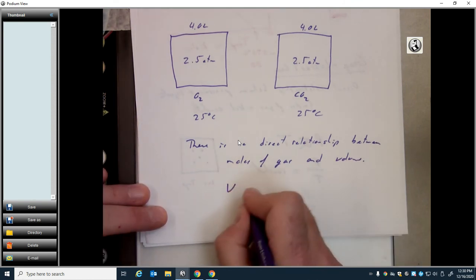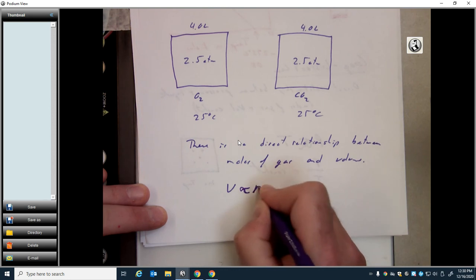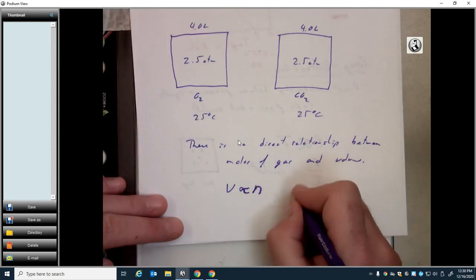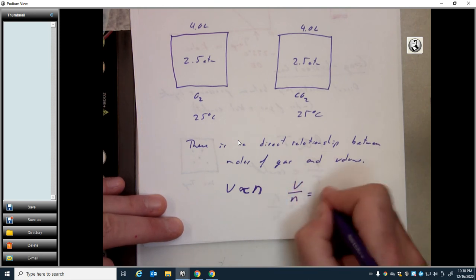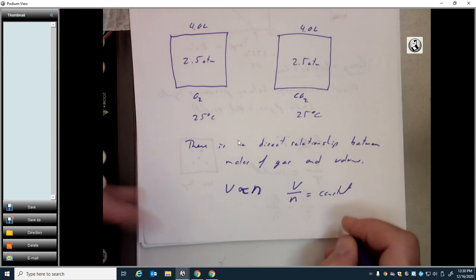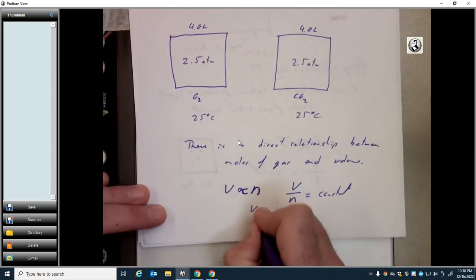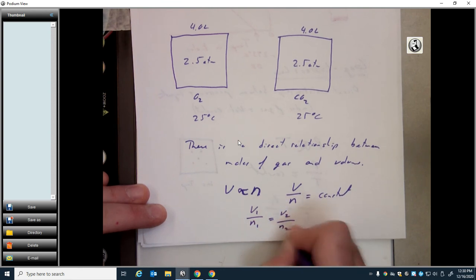Okay, so V is directly proportional to n, which is moles. So V divided by n would be a constant. So we could write V1 over n1 equals V2 over n2.